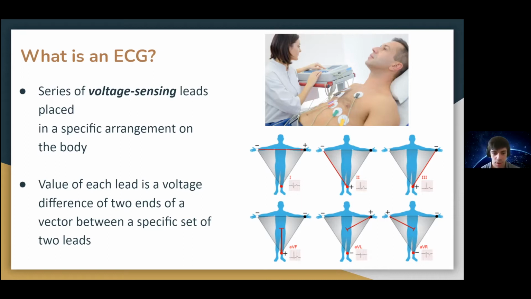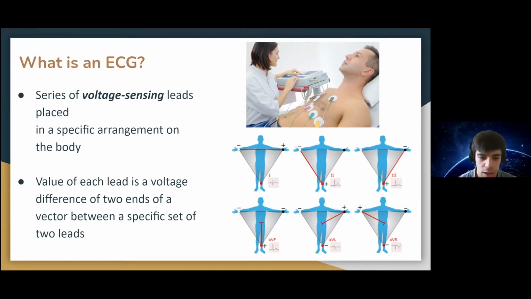On the silhouette on the right, you can see a lead, or these stickies, on the left arm, the right arm, and the left leg. These stickies are voltage sensing, and as you can see, they're in a specific arrangement. The values sensed by the leads create the graphs that we know as EKGs or ECGs.